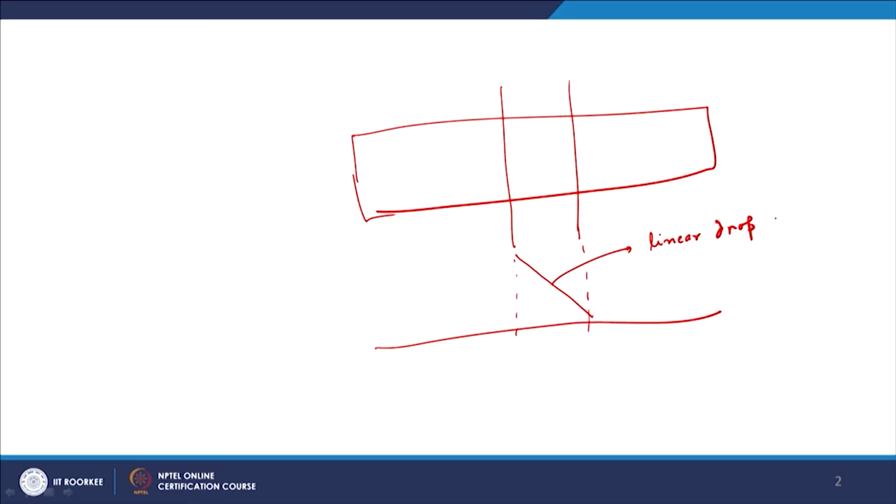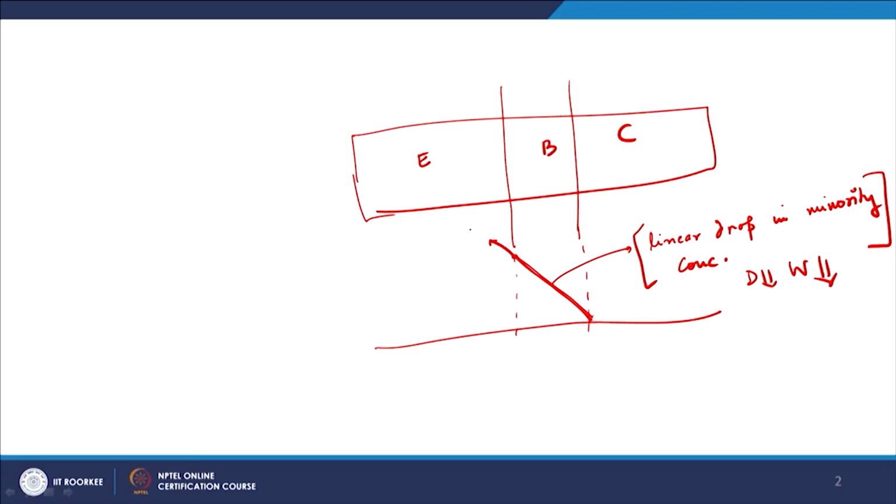This is primarily because the doping is low and the width of the depletion region is also low. Under these two criteria it is almost a straight line. Here we have the emitter, base and collector; this is the emitter base junction. The concentration of minority carriers is maximum here, and it falls linearly to almost a minimum at this point.